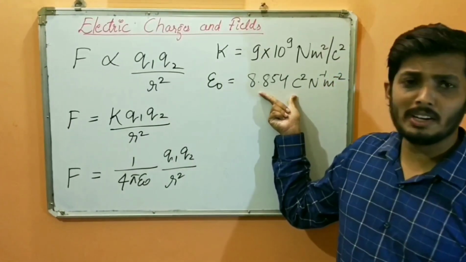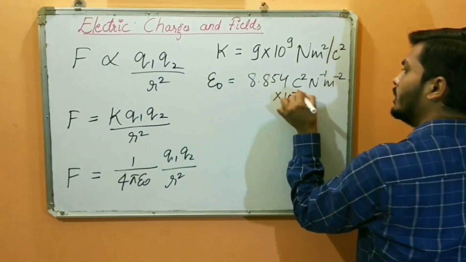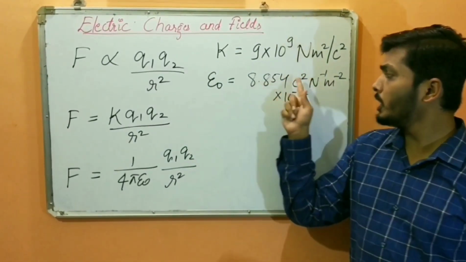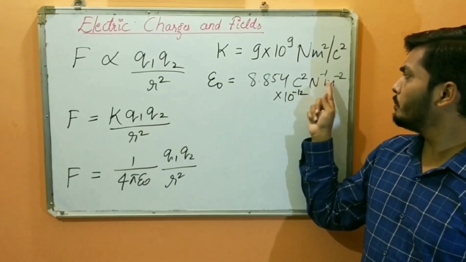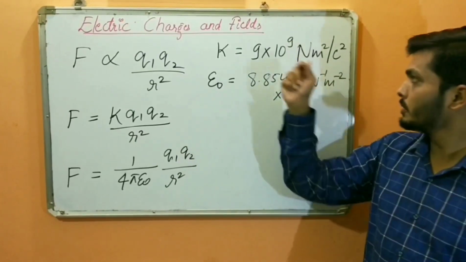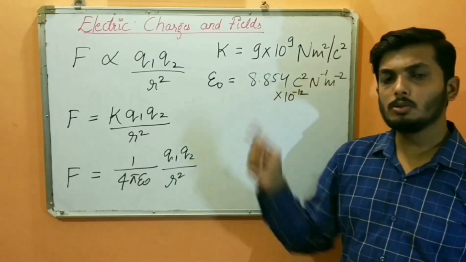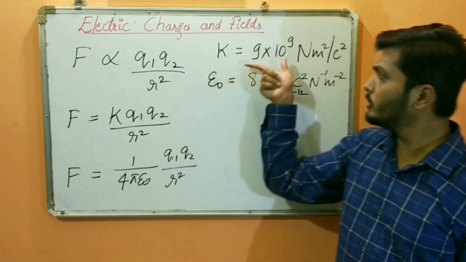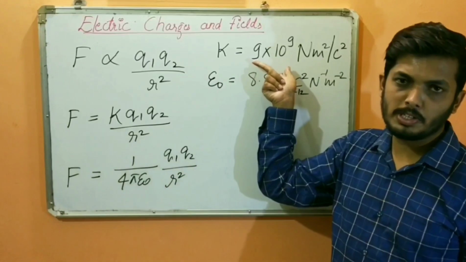Right now you have to remember this value 8.854. Sorry, I forgot to write one thing. It is not 8.854, it is 8.854 into 10 to the power minus 12 Coulomb square per Newton per meter square. Sorry for this. And value of K is 9 into 10 to the power 9 Newton meter square per Coulomb square.